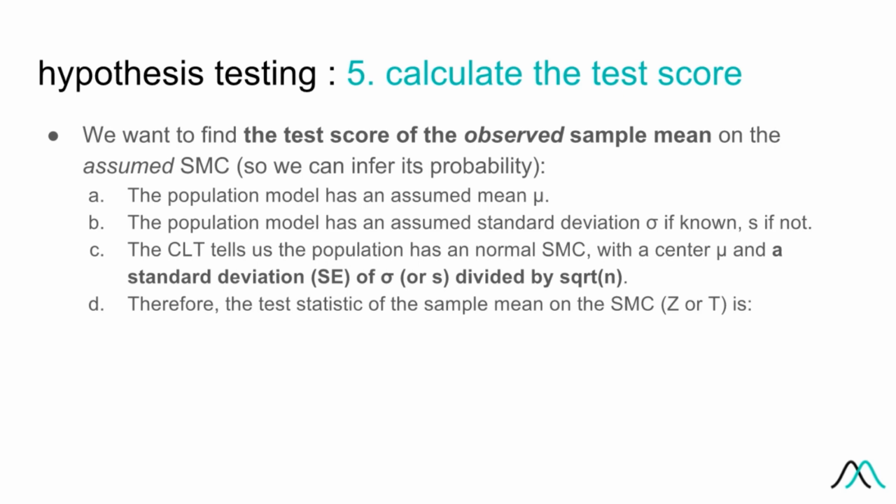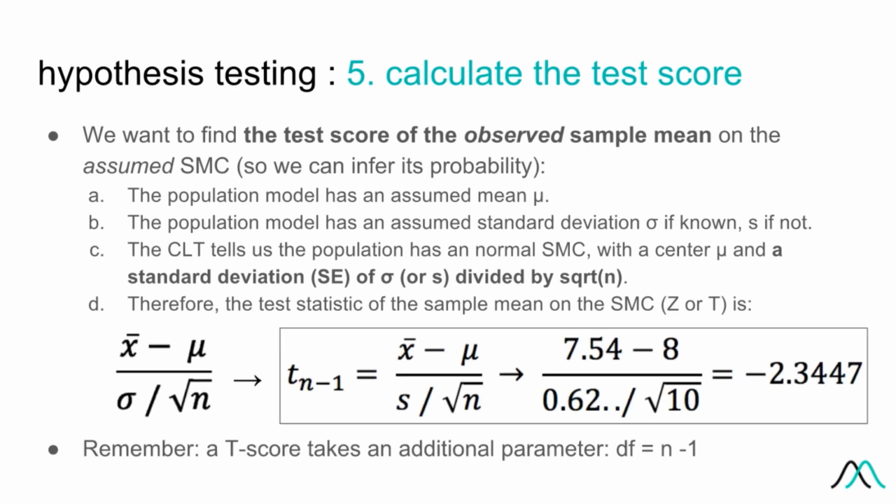Therefore, a test statistic of a sample mean on a sample means curve is, in general, the observed mean minus the assumed mean over standard error. So this tells you how many standard errors away your observation was from the expectation or the assumption.